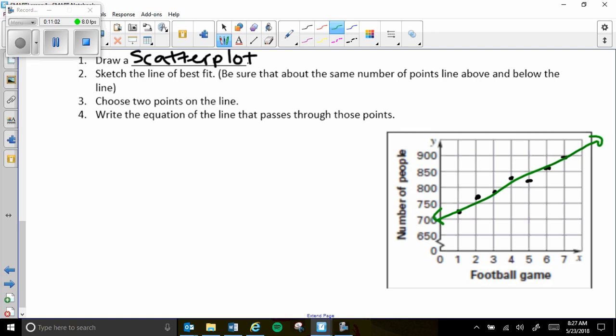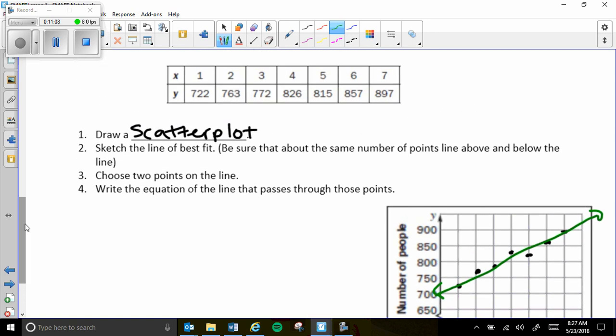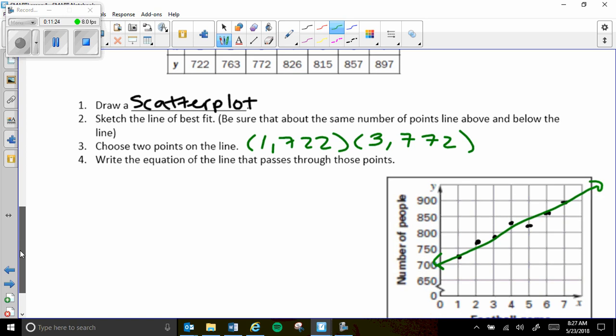So now I'm going to choose 2 points on the line. So I'm going to pick 1, 722, and 3, 772. Okay, so those are the 2 points I'm going to pick. Then I'm going to write the equation of the line that passes through those points.